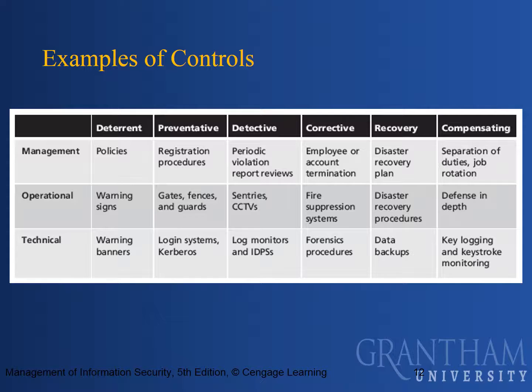On the left side, you'll see examples of controls, such as management, which are controls that cover security processes that are designed by strategic planners, integrated into the organization's management practices, and routinely used by security administrators to design, implement, and monitor other control systems.